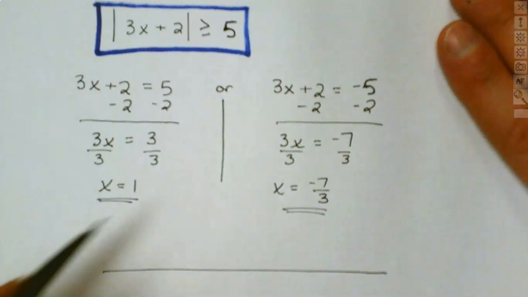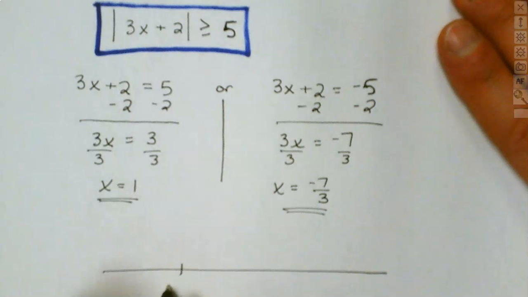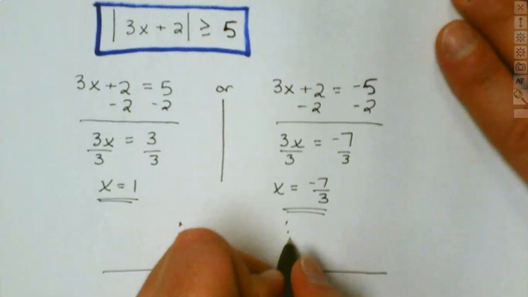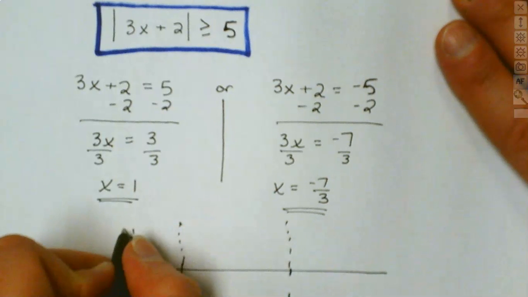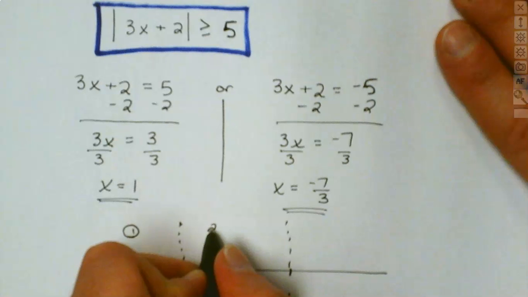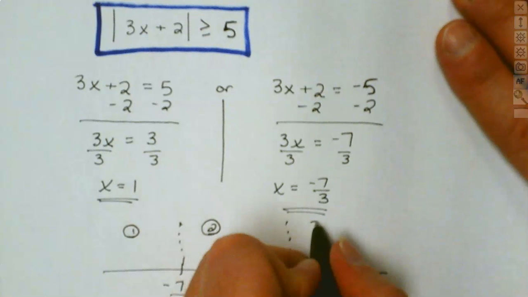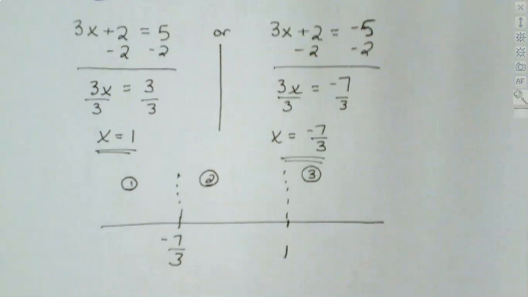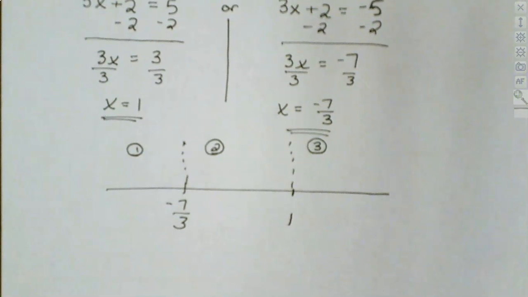What we do is we put our numbers on the number line in the correct order. And that's going to make different regions. We've got region 1, region 2, and region 3. Now, once we've got our regions, we find out where 0 is at.